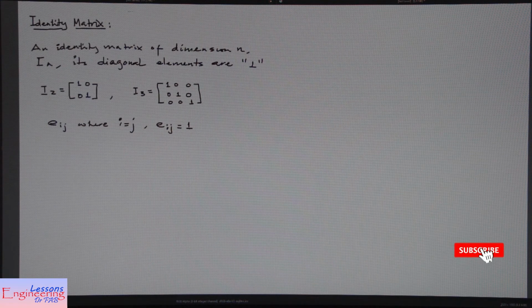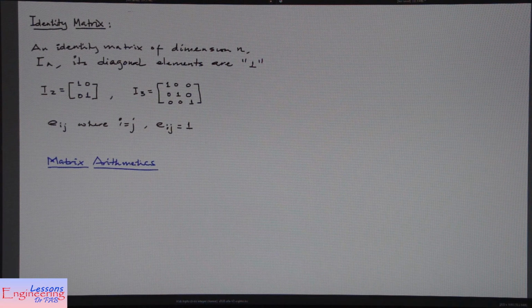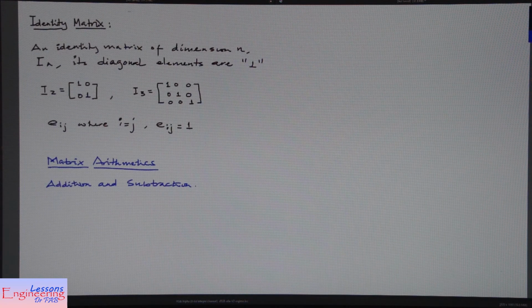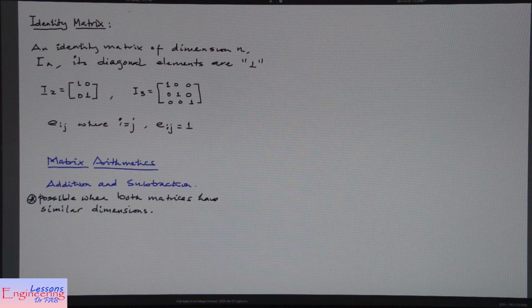Now let's look at some manipulation of matrices, so we'll be looking at matrix arithmetic. This is adding, subtracting, multiplying matrices. So let's look at addition and subtraction. Matrix addition or subtraction is possible when both matrices have similar dimensions.